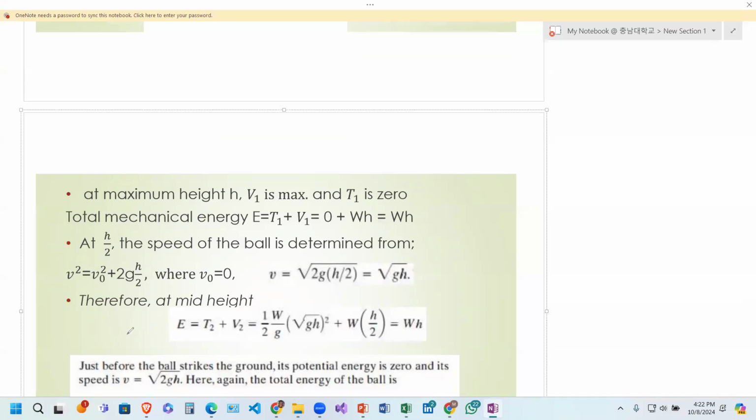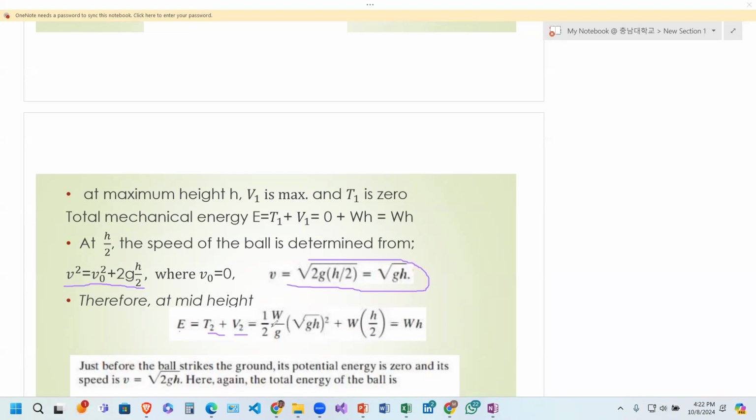The initial velocity is 0, so our final velocity is given by twice g times h over 2, and then we find the square root. So v is given by the square root of gh.